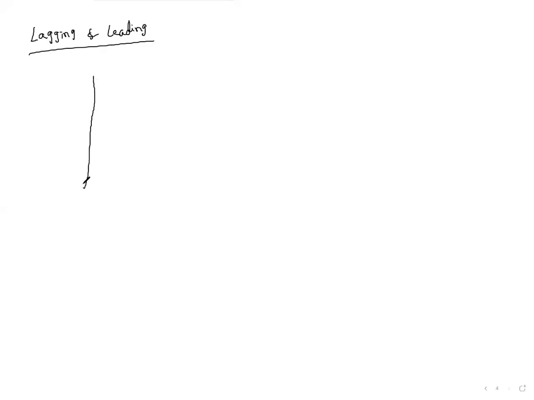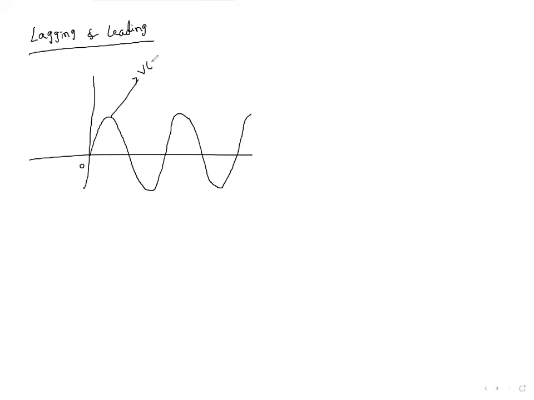I'll show you an example. See, this is the sinusoidal signal. This is the actual sinusoidal signal. This is V of t, say V1 of t is equal to Vm into sine omega t. Here I will draw one more.